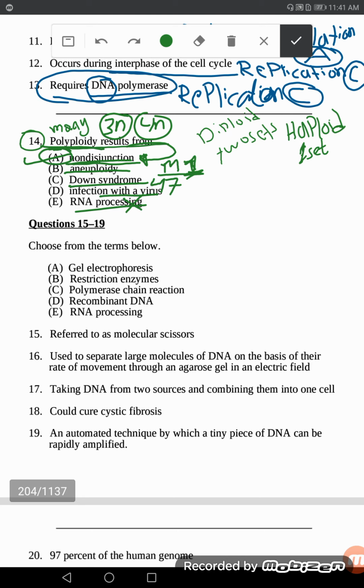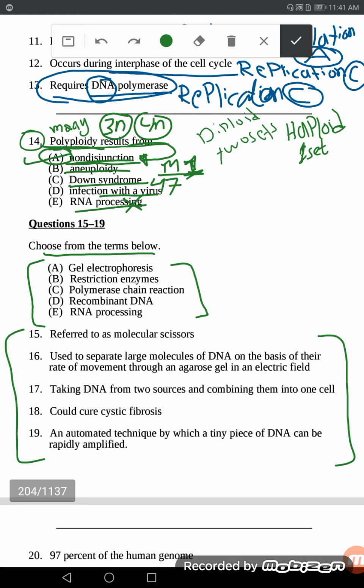And now we have questions 15 to 19, which are matching questions. We have these terms, and we have to match them with the following statements. The first one is gel electrophoresis. In this process we have a gel, and we need an electric current. The gel contains many pores, and we put our DNA here and apply an electrical charge from negative to positive.